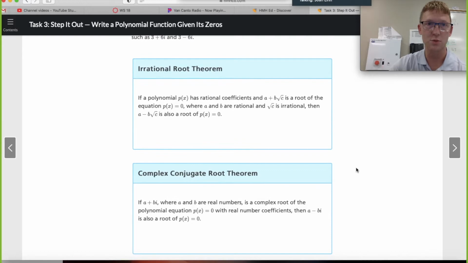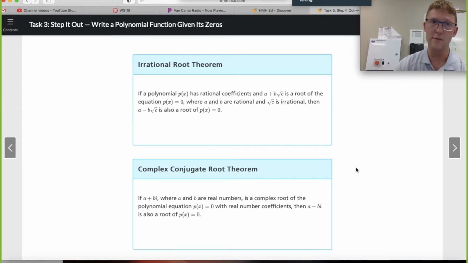So the irrational root theorem: if a polynomial p of x has rational coefficients and a plus b square root of c is a root of the equation, where a and b are rational and the square root of c is irrational, then a minus b square root of c is also a root.